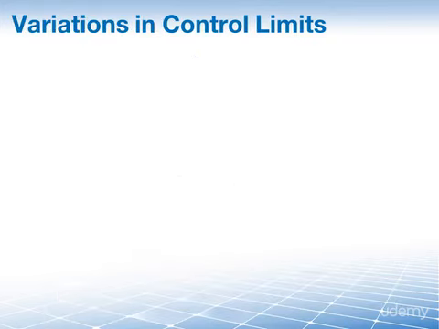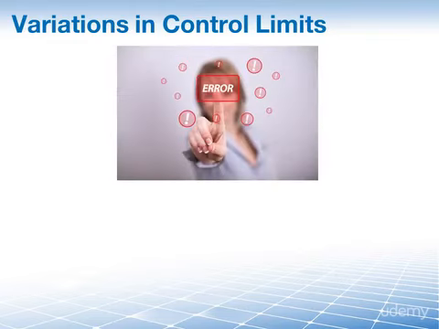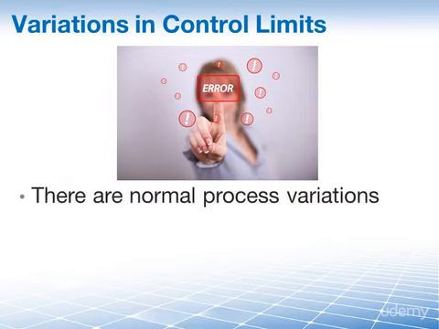Let's expound a bit on the causes for the variations in control limits. We all know it's virtually impossible to have a process that is always 100% producing perfect output. For whatever reason, errors can result. There are, however, always normal process variations.